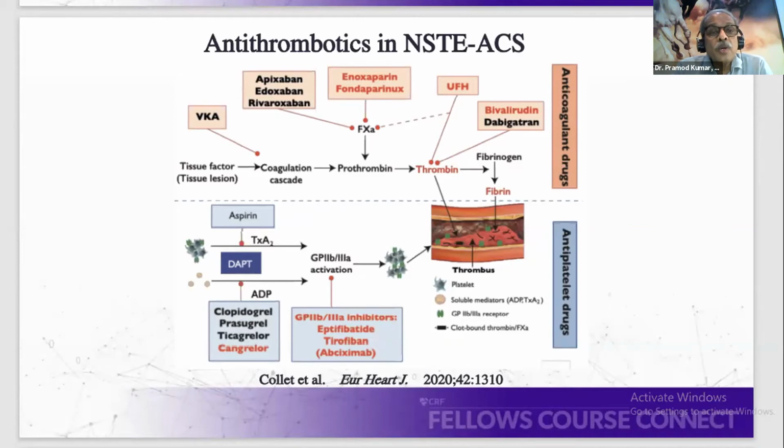Then you have the oral drugs, apixaban, and the newer oral anticoagulants or direct oral anticoagulants, and the older one, warfarin. The antiplatelets that are available are clopidogrel, prasugrel, ticagrelor, and the newer IV cangrelor. The IV antiplatelets are available, but they are not very much used, except tirofiban, which is more frequently used than it was used in the past.